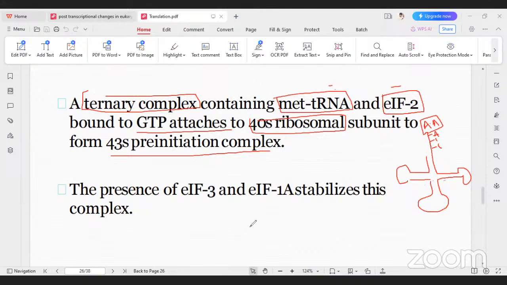Now the 40S ribosome. In eukaryotes, 40S and 60S. This is the 40S ribosome. Now what happened? IF2 bound to GTP attached to the 40S ribosomal subunit to form the complex.